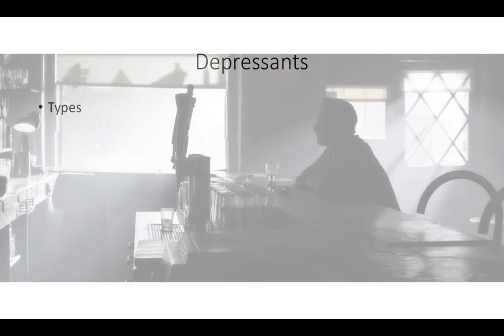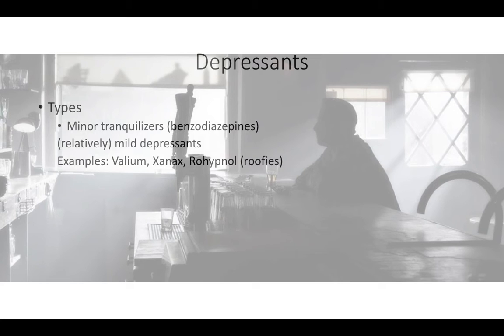In their place are the benzodiazepines, the minor tranquilizers, and these are so common in society that you probably know them by some of their trade names. They are more mild depressants than the major tranquilizers. Valium, Xanax, and Roofies are actually a form of minor benzodiazepine.